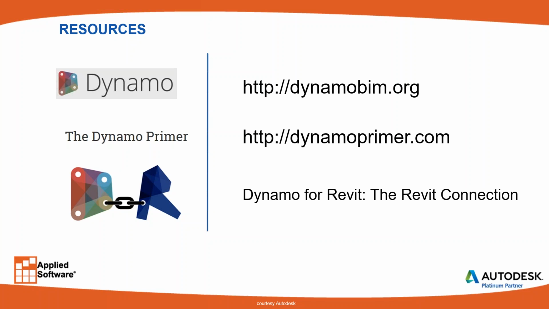So Dynamo is your stepping stone, if you will, between what you do now in Revit and what you want to end up with in the future as a customized macro inside of Revit. So try it in Dynamo, and then if you have further questions, contact Applied Software.